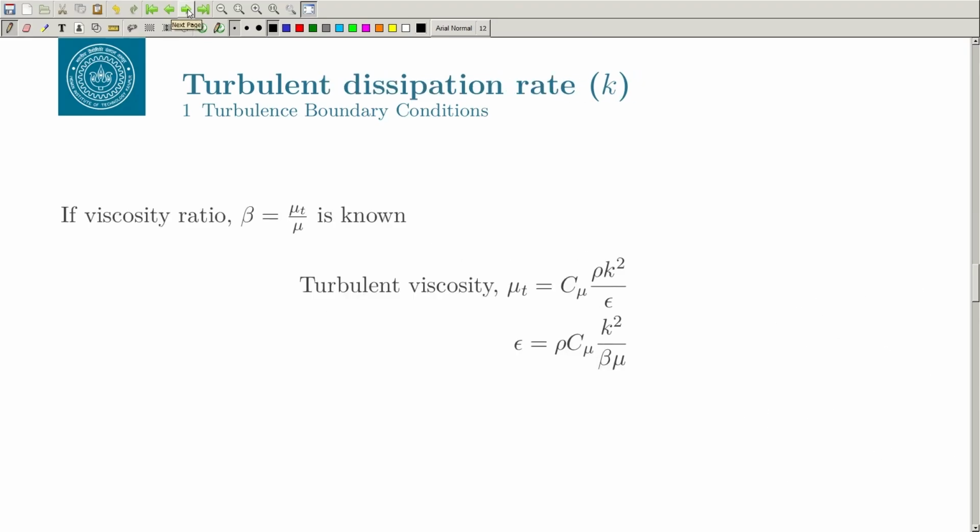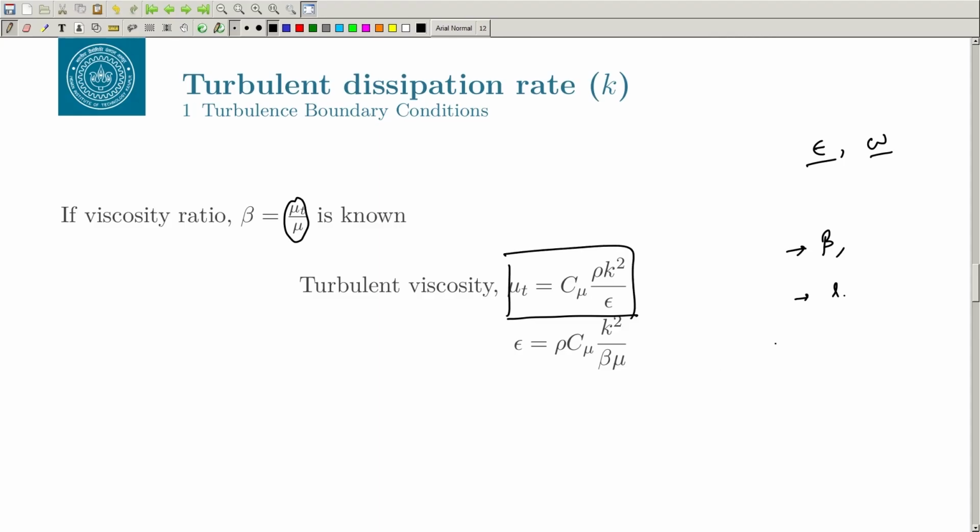Okay, now we need to find the other quantity, which is the dissipation rate or the specific dissipation rate. So, let us say your mu t by mu is known. As I told you, you need to give either this viscosity ratio beta or you need to provide another piece of information, which is the length scale L. So, if the viscosity ratio is known, this is the definition of the viscosity in the K epsilon model.